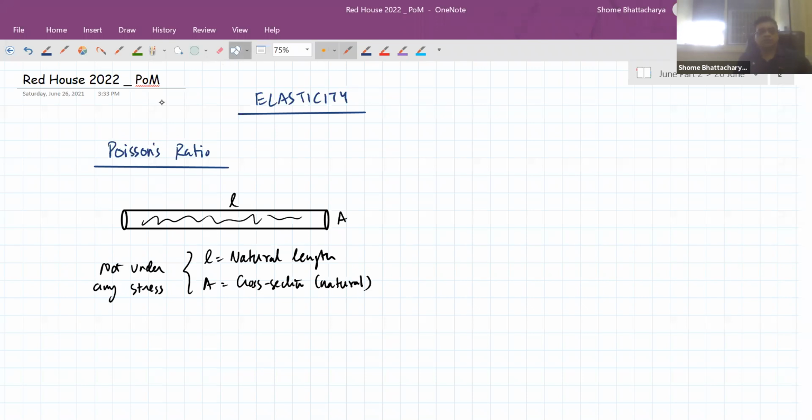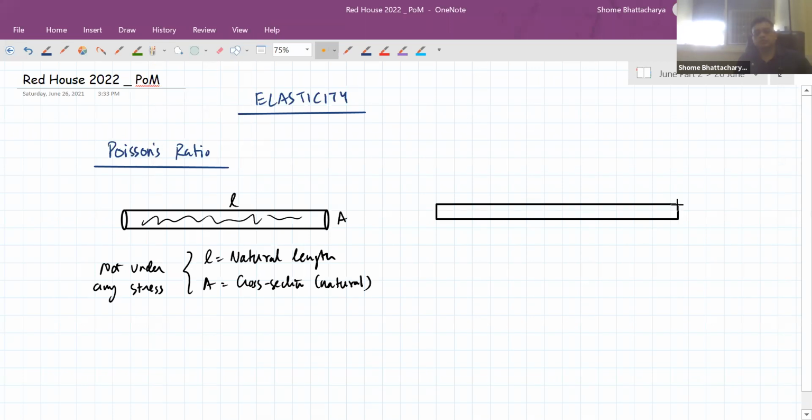But from this, when we take it to a situation where there is an elongation or there might be a compression, then what we expect in such a situation is that the elongation of length will result in the reduction of cross-sectional area, and the compression of length will result in an increase in cross-sectional area.